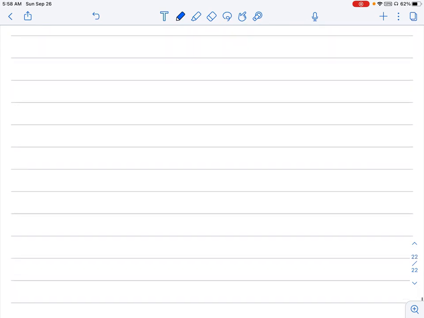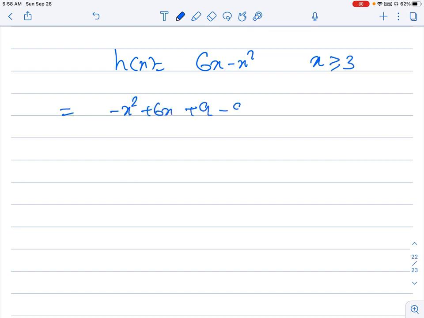So h of x is equal to 6x minus x squared, x is greater than or equal to 3. So completing the square, negative x squared plus 6x. So adding 9, subtracting 9. Take minus common: x squared minus 6x plus 9, and plus 9.